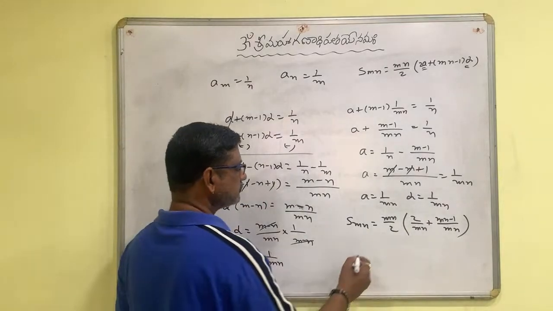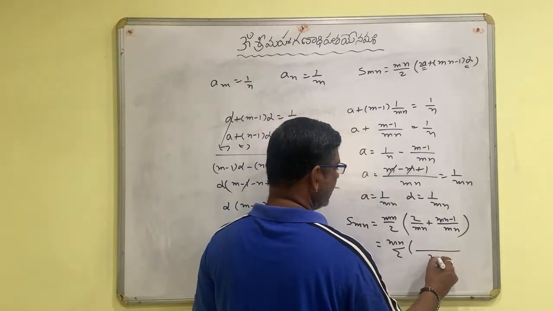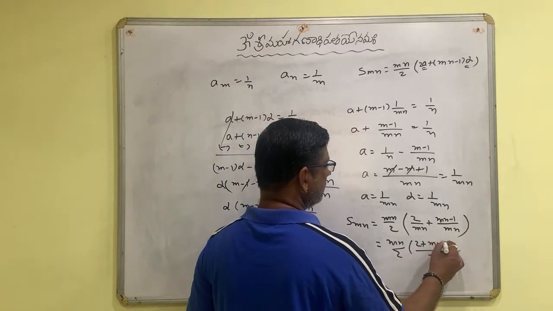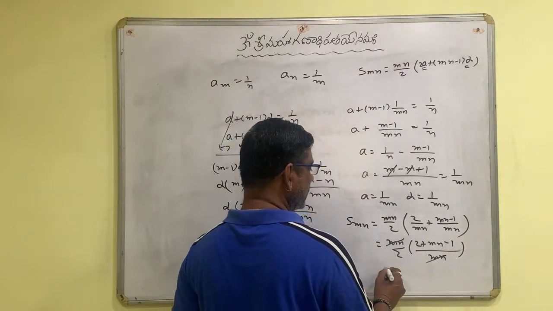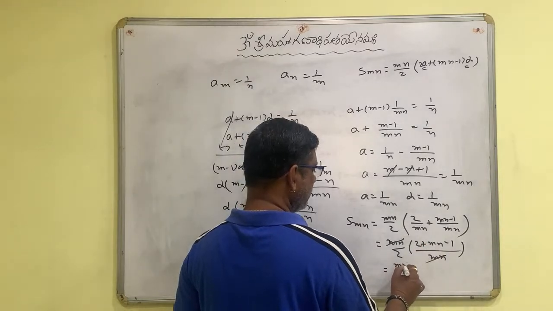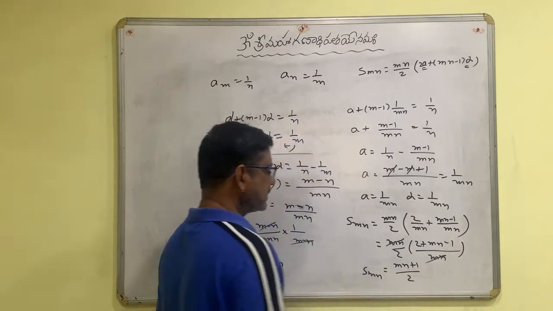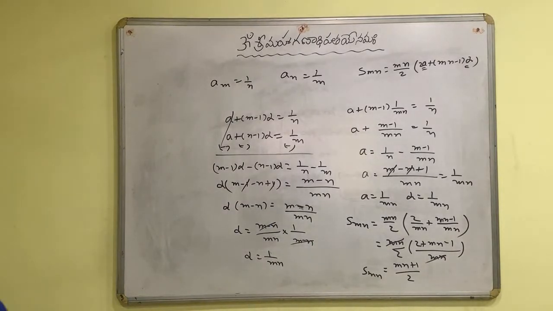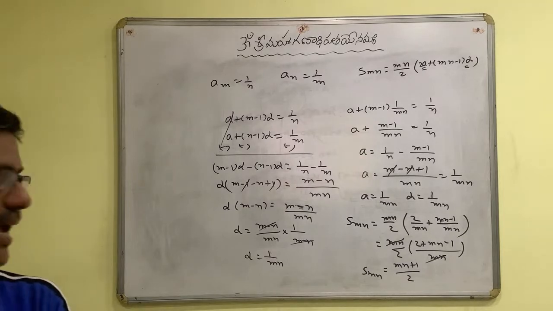Now mn by 2 into mn LCM, 2 plus mn minus 1. This mn gets cancelled. What is there? 2 minus 1 is 1, mn plus 1 by 2. So Smn is equal to mn plus 1 by 2.